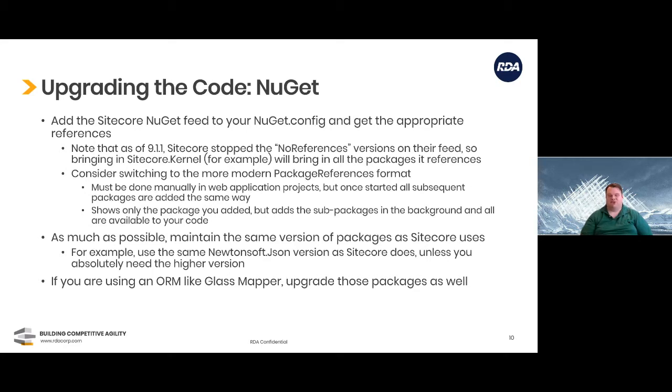If you're upgrading the version, you need to kind of pull it out and put it back in. So quick little caveat with that. And I mentioned GlassMapper specifically because that is, I find, the most popular ORM that people use, so I'm using that as a specific example here. I know there's Synthesis, and some people will just go ahead and use the good old Sitecore out-of-the-box APIs. Whatever methodology you use in that case.